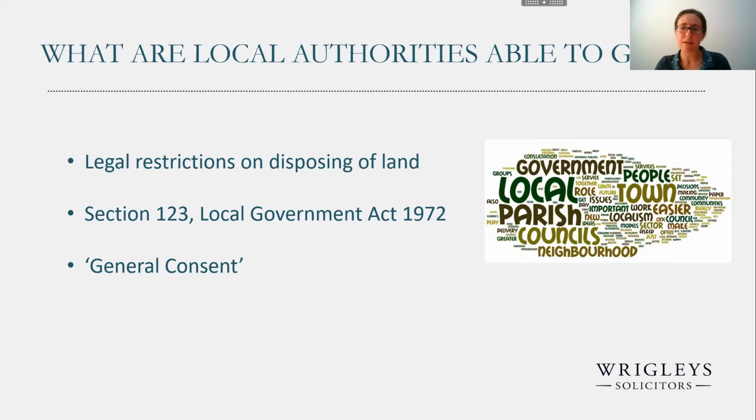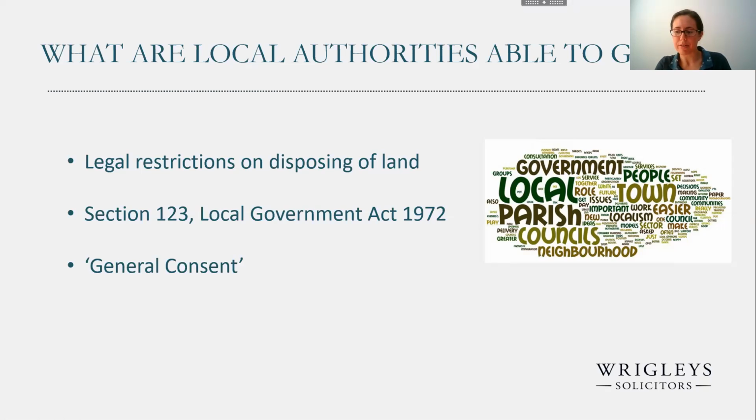However, the important thing for CATs is that underneath that general rule, there is a general consent which permits local authorities to dispose of land at less than market value, provided that the purpose for which the land is transferred is likely to contribute to the promotion or improvement of the economic, social, or environmental well-being of the area.